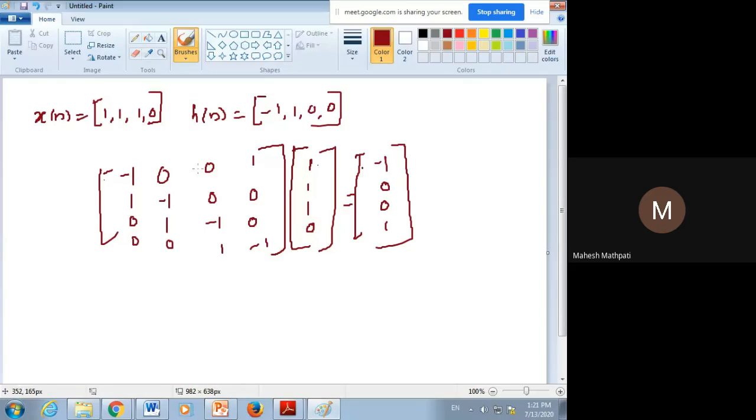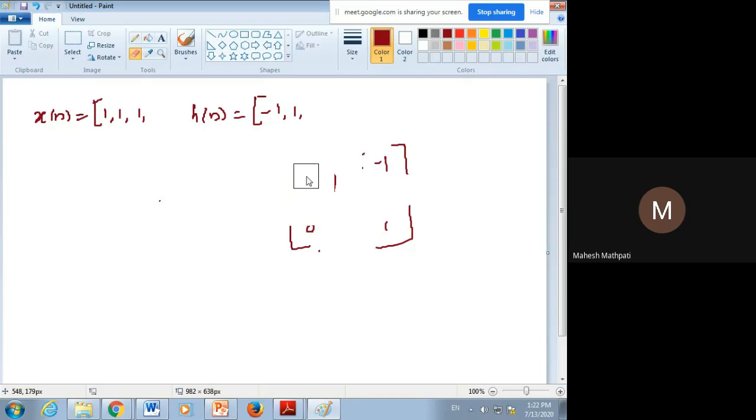Where x of n is given again like this, h of n and this part, and we do the circular convolution for the 3-point value, and then the circular convolution for the 5-point value.